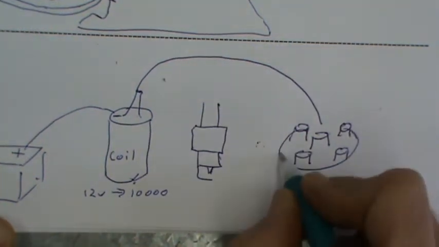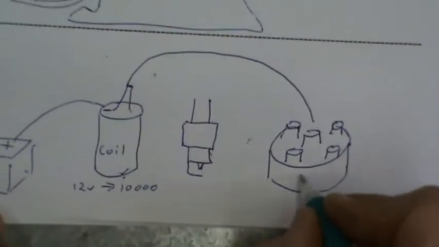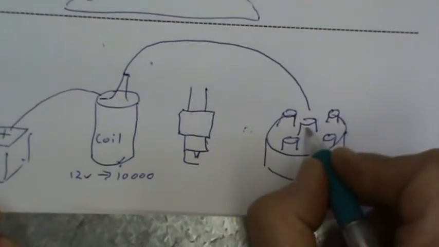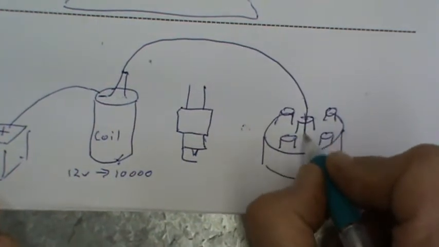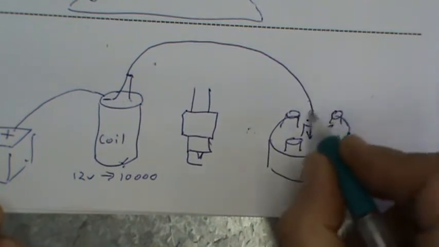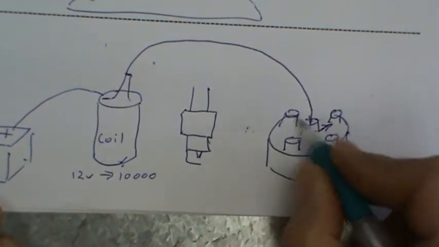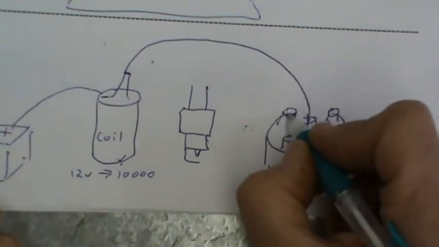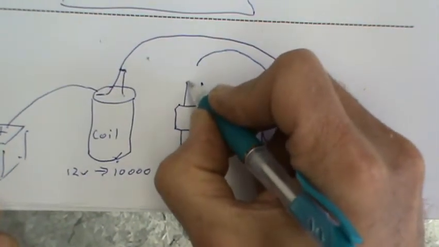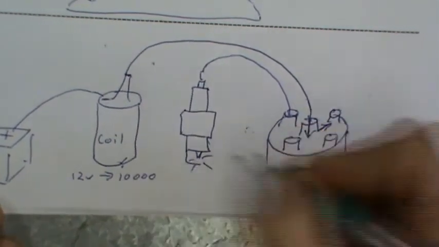So the distributor has got a rotor in here which picks up the 10,000 volts that comes in and distributes it. It spins around and distributes the spark to the different spark plugs. So that one goes out to this spark plug and you get the zap at the right time.